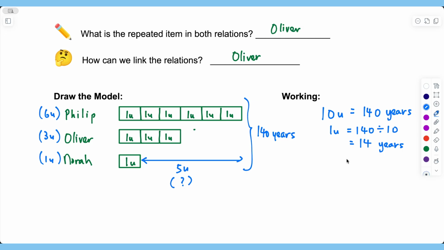To find 5 units, we will take 14 times 5. 14 times 5 gives us 70 years. So Philip is older than Nora by 70 years, and that's the answer.